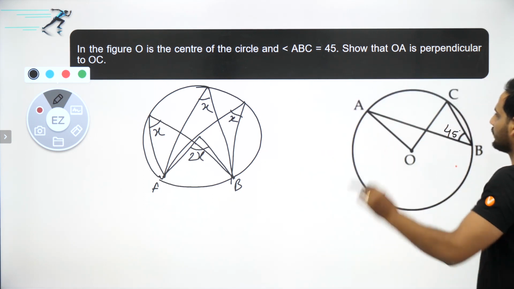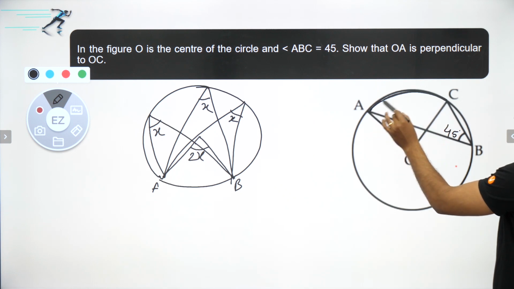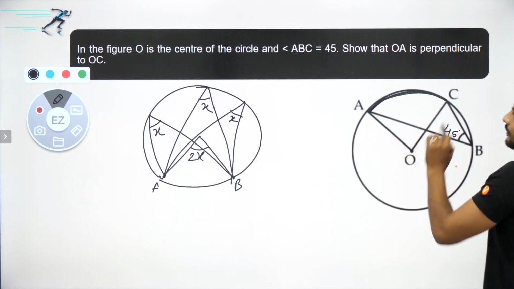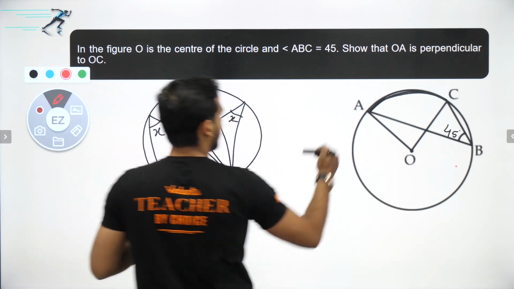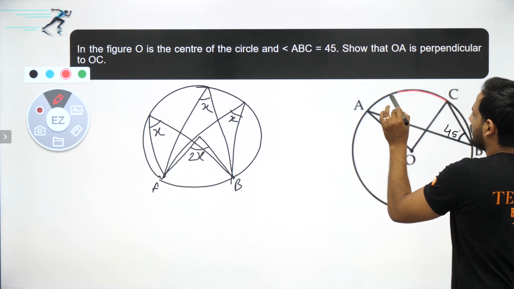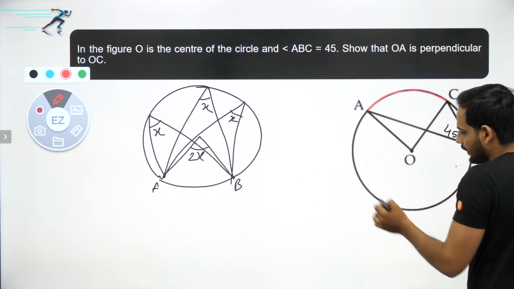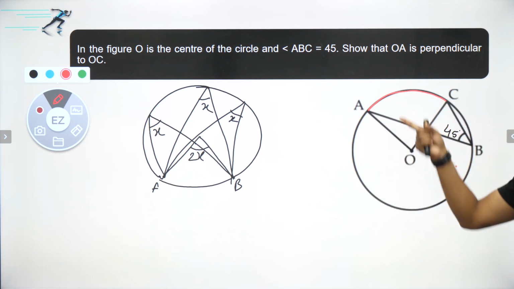Now look clearly, bachcho, AC is your arc. So any angle joining A and C from any point on this circumference, whatever angle.